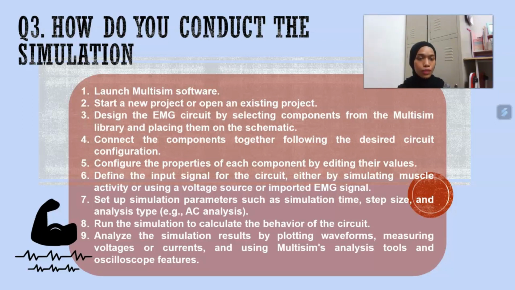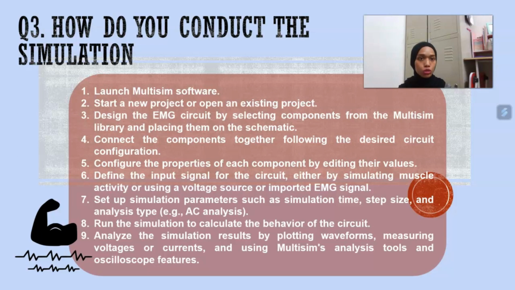And then we connect the components together based on the desired circuit configuration, ensuring proper electrode and signal processing element connections. Then we adjust the properties of each component by editing their values, and we define the input signal for the circuit, either through a simulated muscle activity signal or by importing an EMG signal. We set up the simulation parameters such as time, step size, and analysis type such as AC analysis.